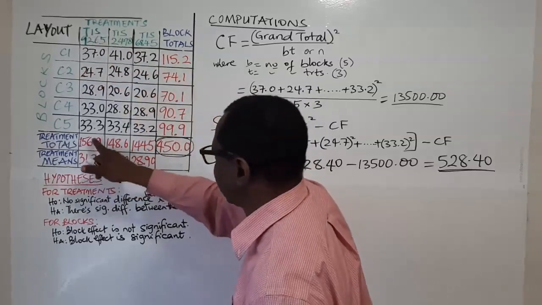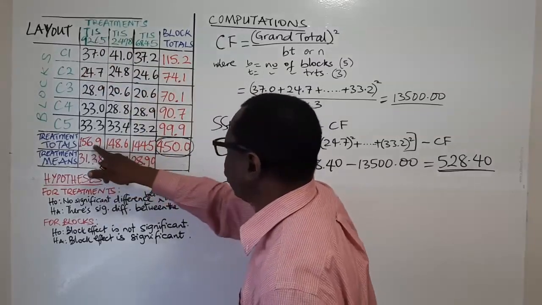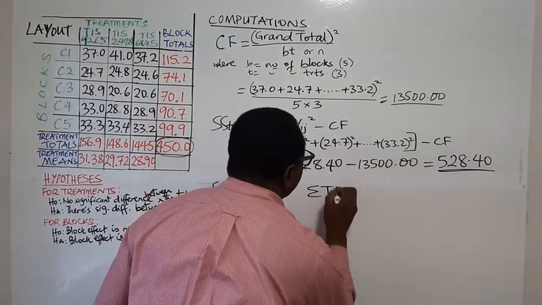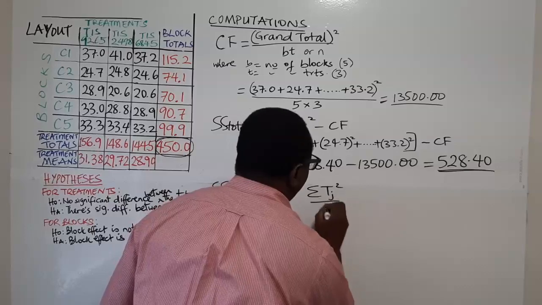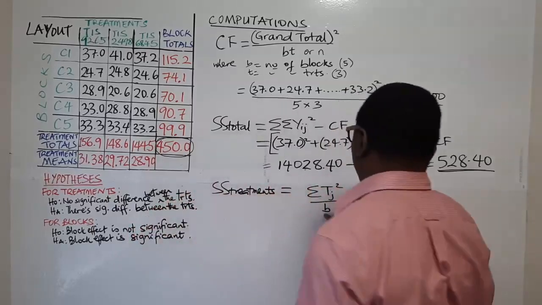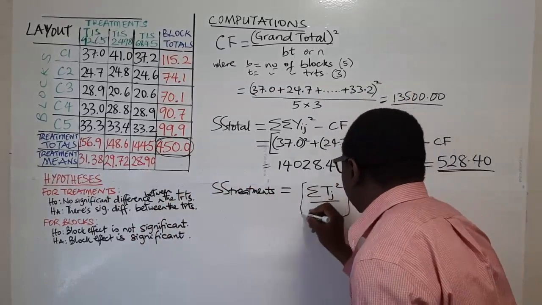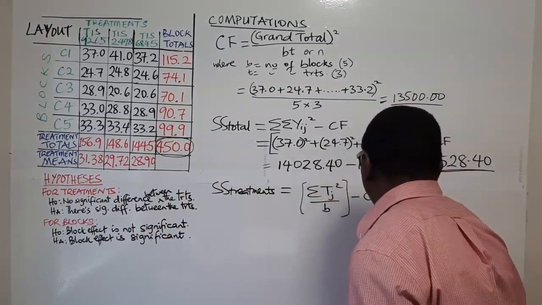This, and that. So the totals are here. So, you know, it normally involves like that. They're all over B in this case, which is the number of blocks. So everything like that minus your CF.